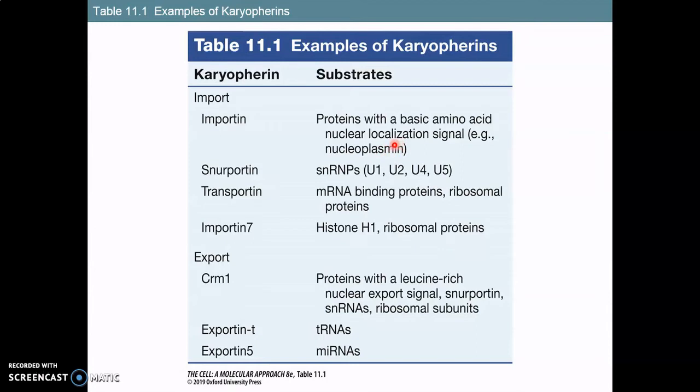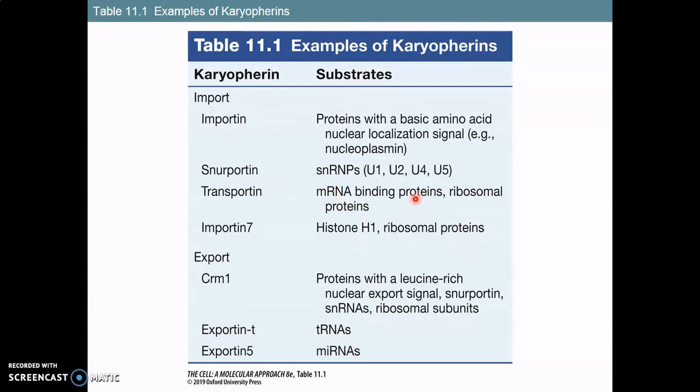But there's another protein that would recognize the other signals that are out there. We have one that's specifically recognizing this snRNP complex. We have transportin, which is looking for messenger RNA binding proteins.